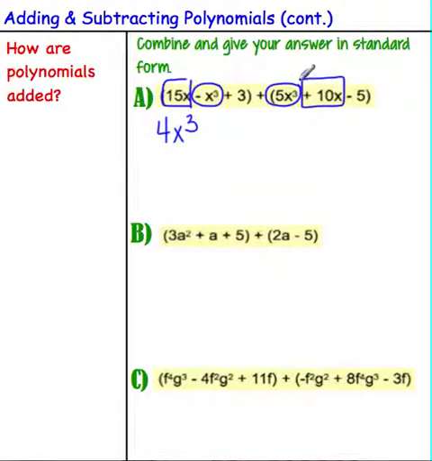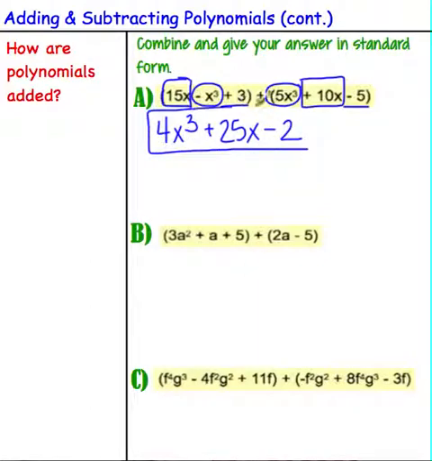A lot of people last year chose to use color with the highlighters. 15 plus 10 is 25, and they're both positive, which is why I added them. And then I have a plus 3 and a minus 5. Well, 3 minus 5 is negative 2. And this would be my final answer in standard form.